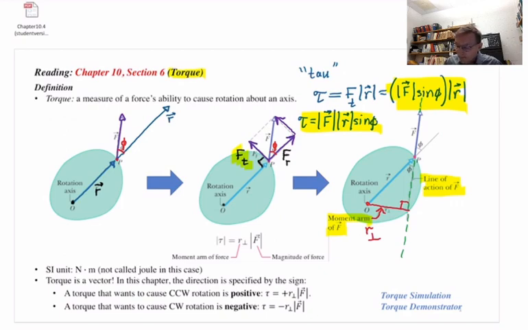Now, note something. How big is that moment arm in that third picture? That line drawn in red, how long is it? That R perpendicular distance. Well, you see the right triangle we've got in this new picture? The hypotenuse is R. One of the legs is R perpendicular, the moment arm.